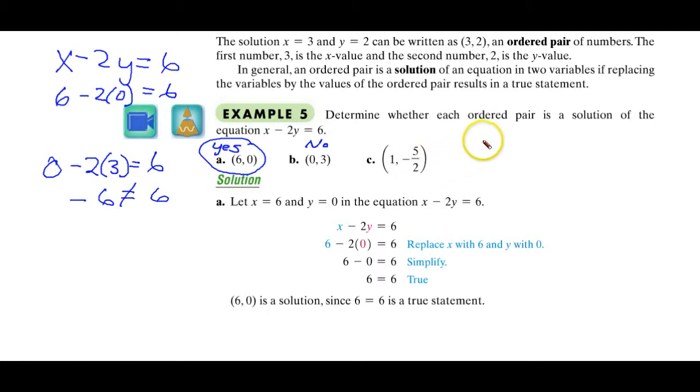And then this one, let's write it over here. X minus 2y equals 6. So our x is 1. And I'm going to write that as 2 over 2, which is a 1, because I have fractions there, minus 2. Well, maybe I don't have to write that.